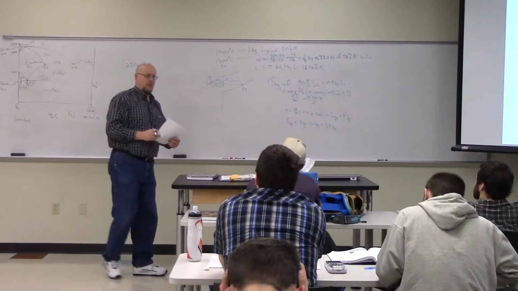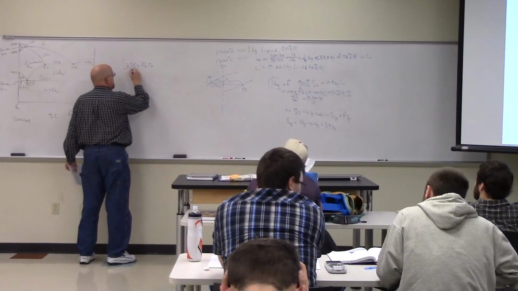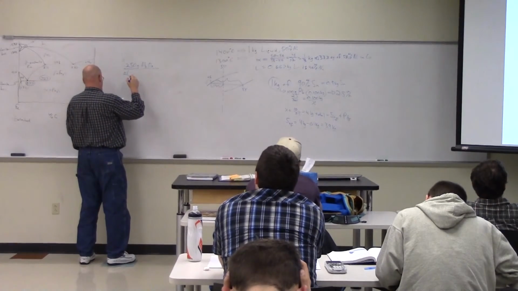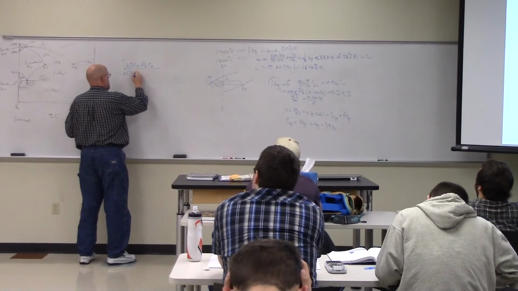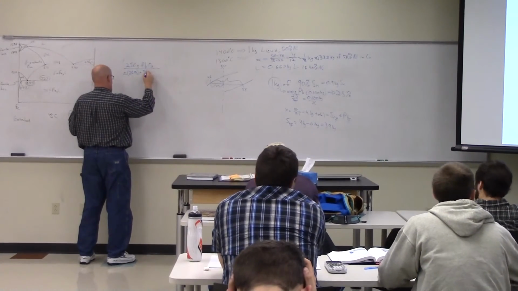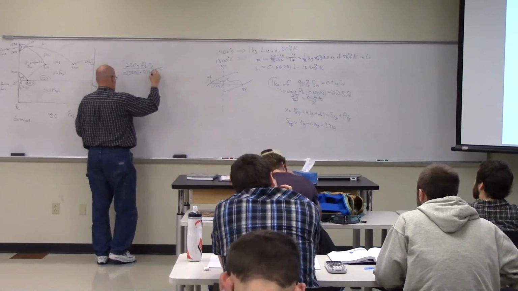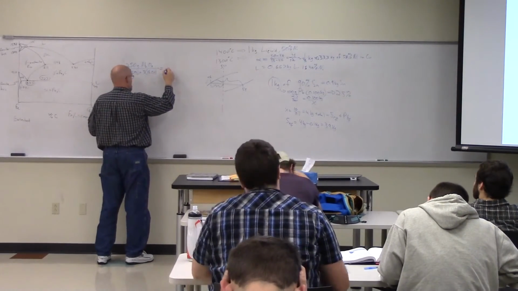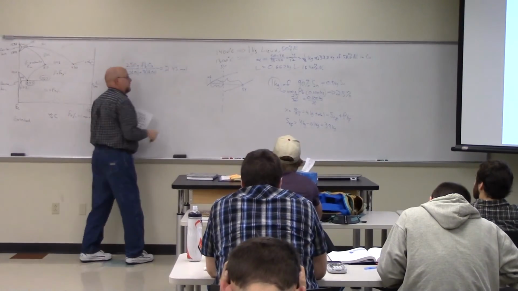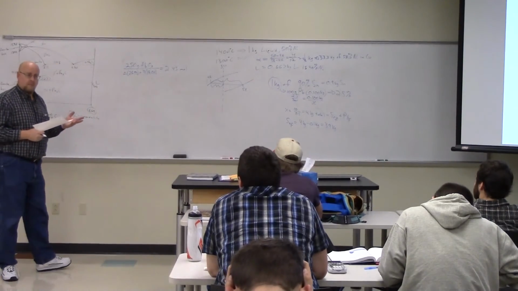I divide it by the molecular weight of alumina. So I divide that by 2 times the molecular weight of aluminum, which is 26.98, plus 3 times the molecular weight of oxygen, which is 16, and that gives me 2.45 moles. So I know how many moles of alumina I have, right?